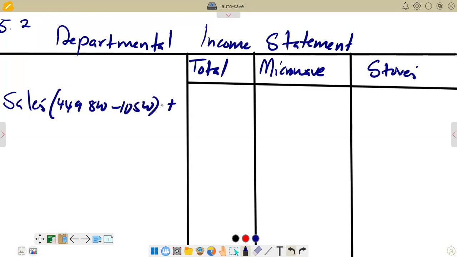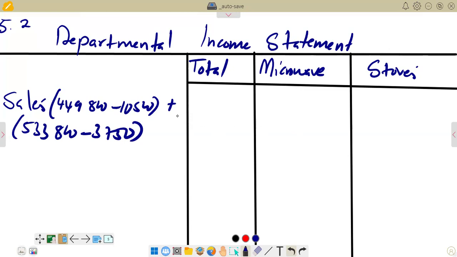And then the figure that you get there, you add to the net sales for the stoves, where we say 533,800, and then we subtract the additional information adjustment that we identified, which is 3,750. That is what we have. So we add the two: the figure we get for microwaves and the figure we get for stoves, to get the total.